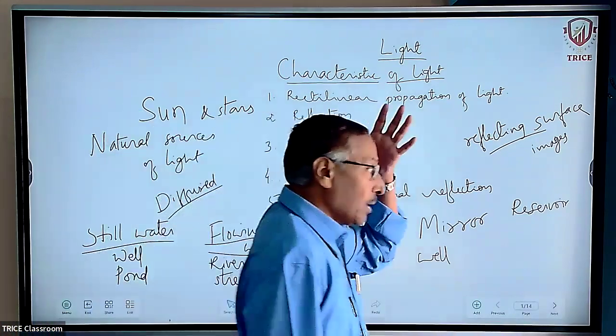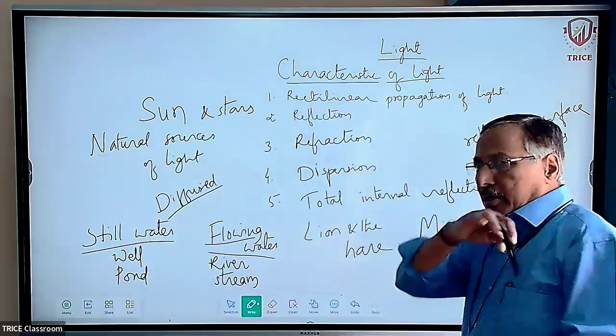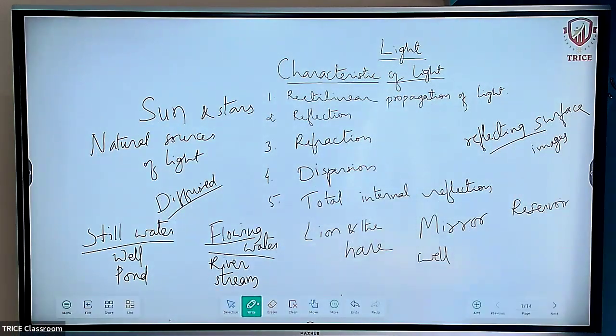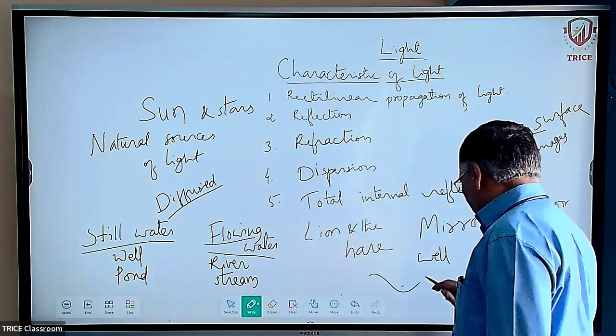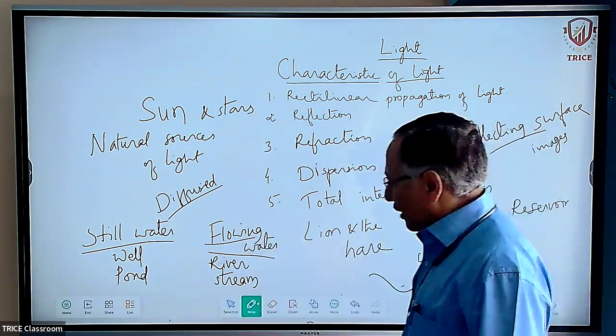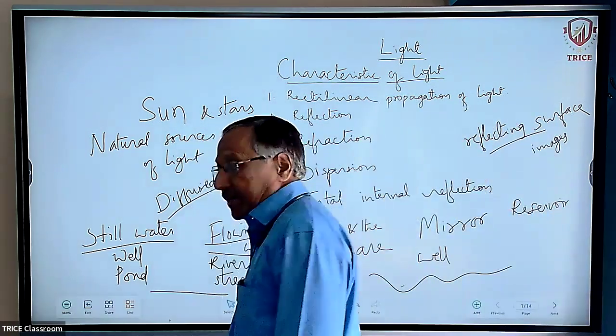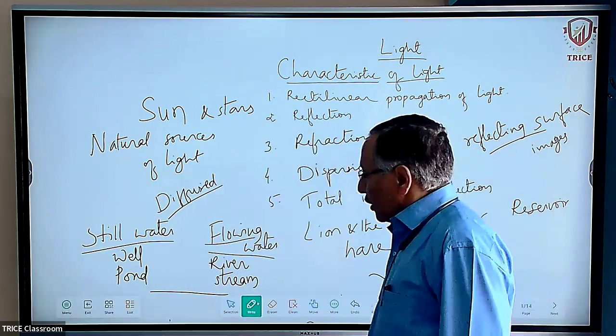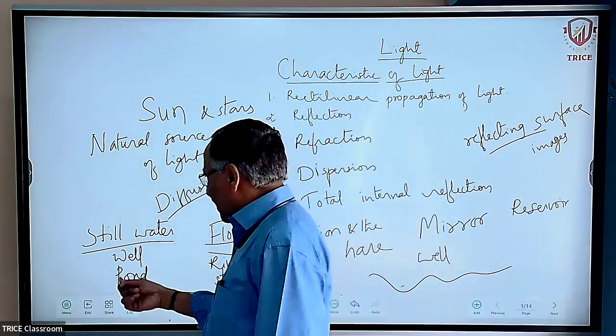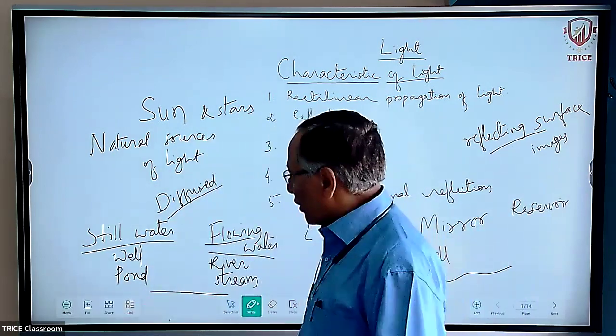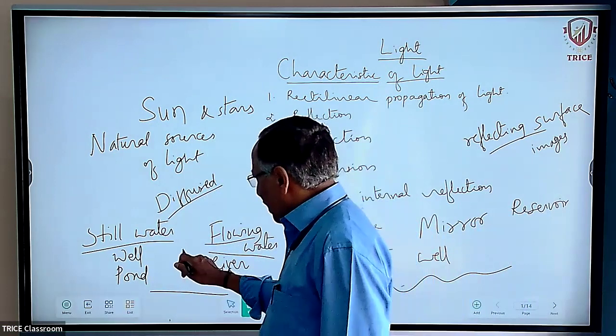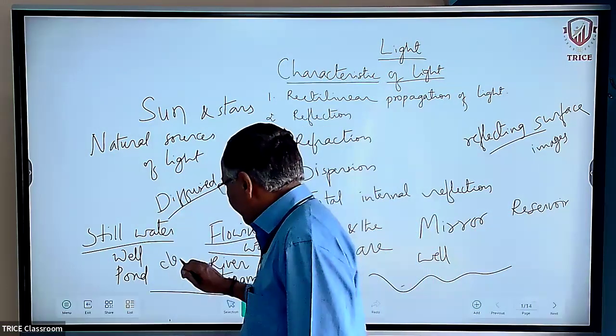Where the water is flowing, it will be continuous, like wave-like motion. Is it not? Here in a well or a pond, it will be steady, still waters. Whatever reflection you see here of your own body, here you get a clear image.